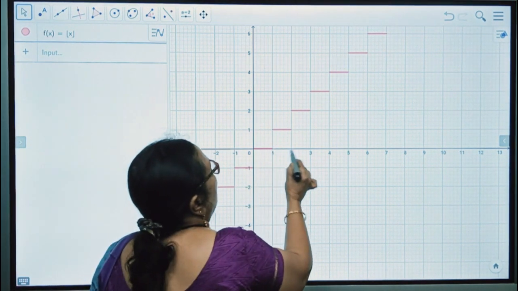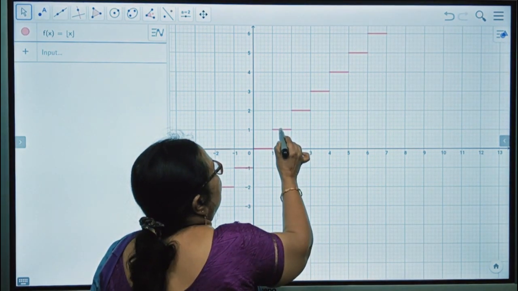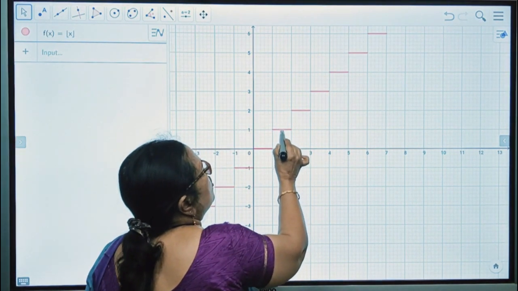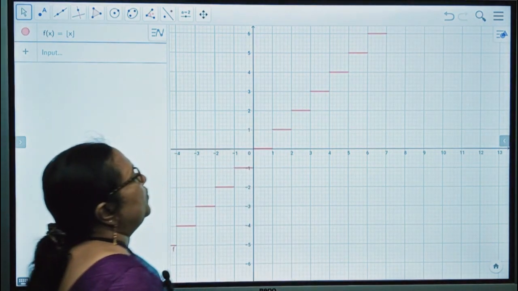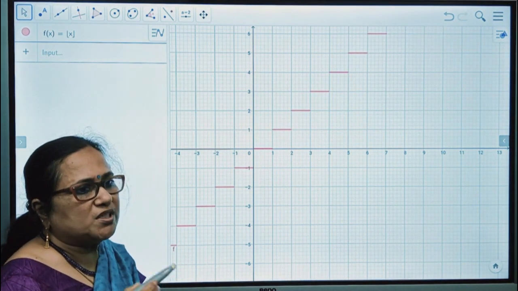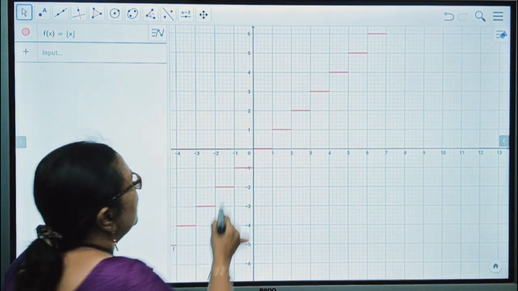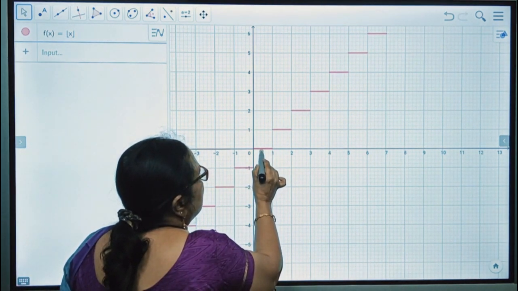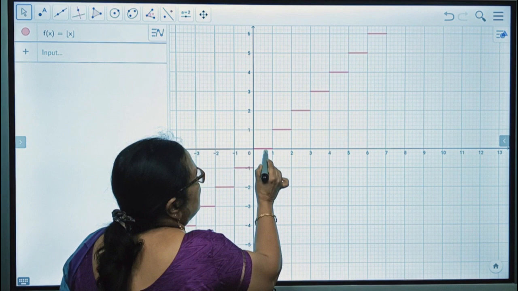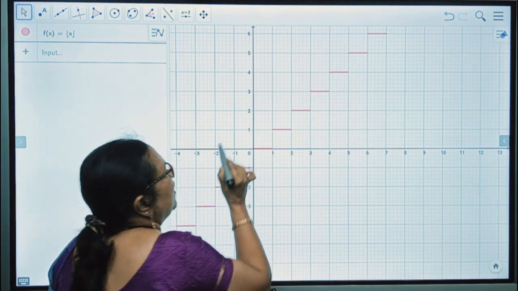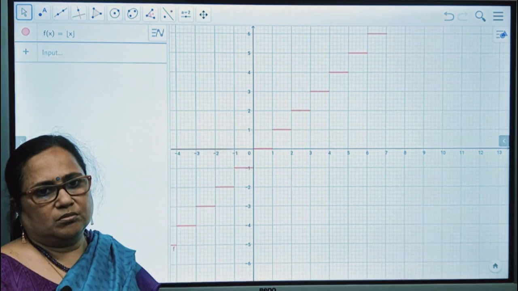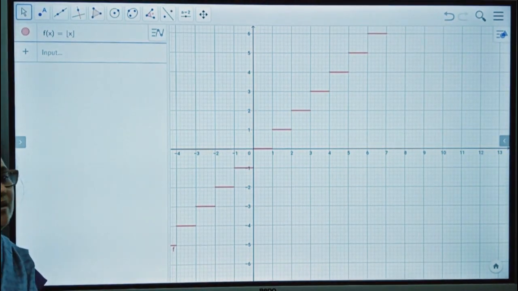Similarly, between 1 and 2, if I take 0.5, however small a neighborhood I choose around 1.5, the limit is going to be 1. 1.5, 1.6, 1.7, it is going to be 1. If I take around 0.5, 0.6, 0.7 or 0.4, 0.3, the value of the limit is 0. So this is what I want you to understand.